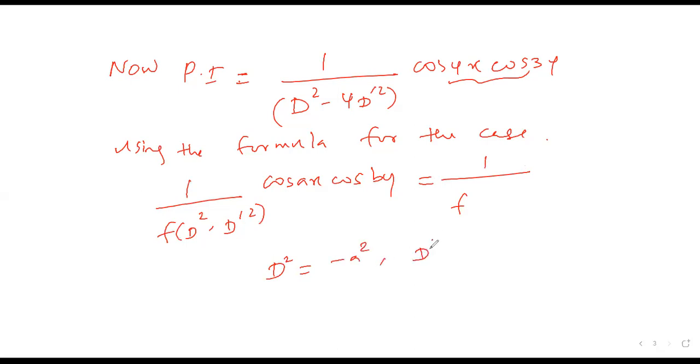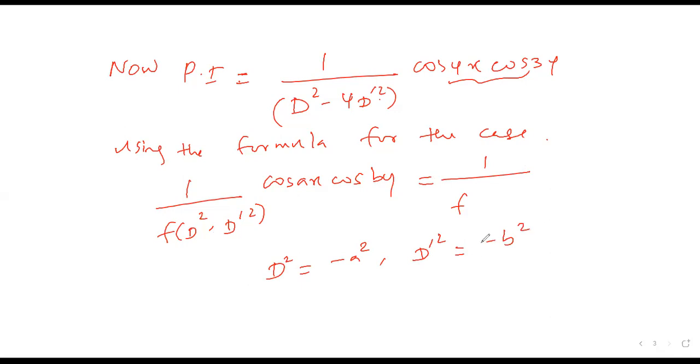Similarly, D dash squared is minus b squared. You have to be careful, since this belongs to D squared and D dash squared.